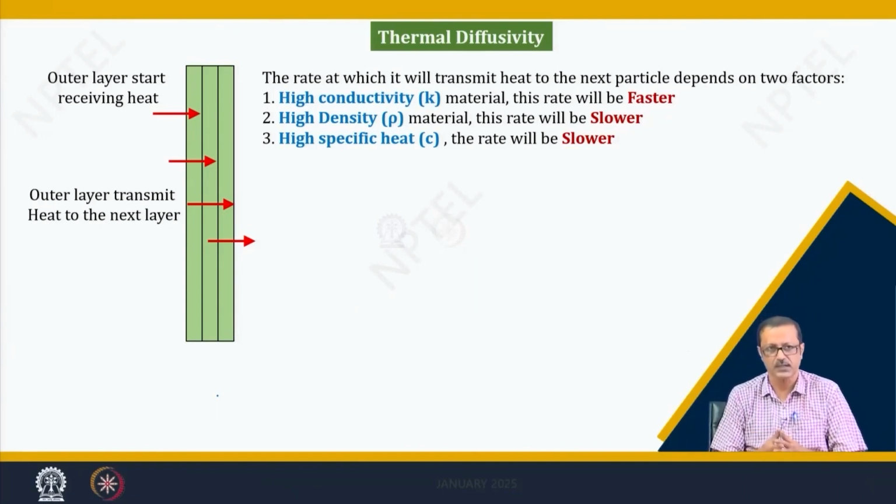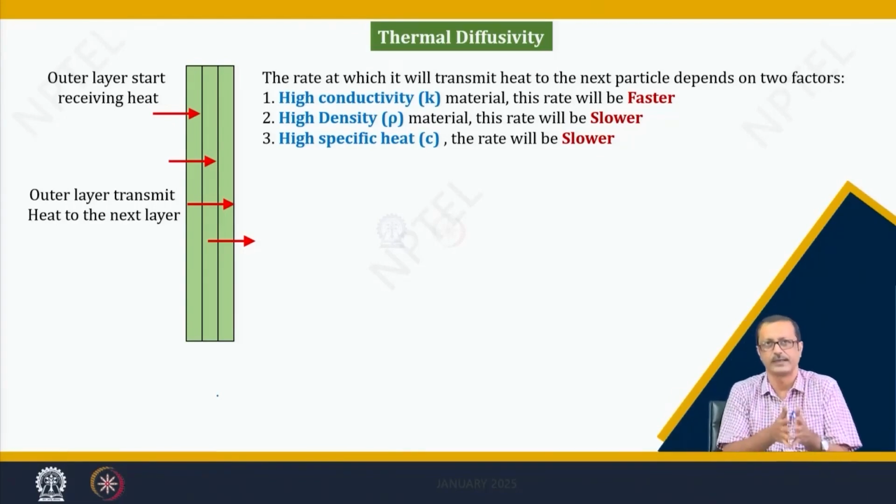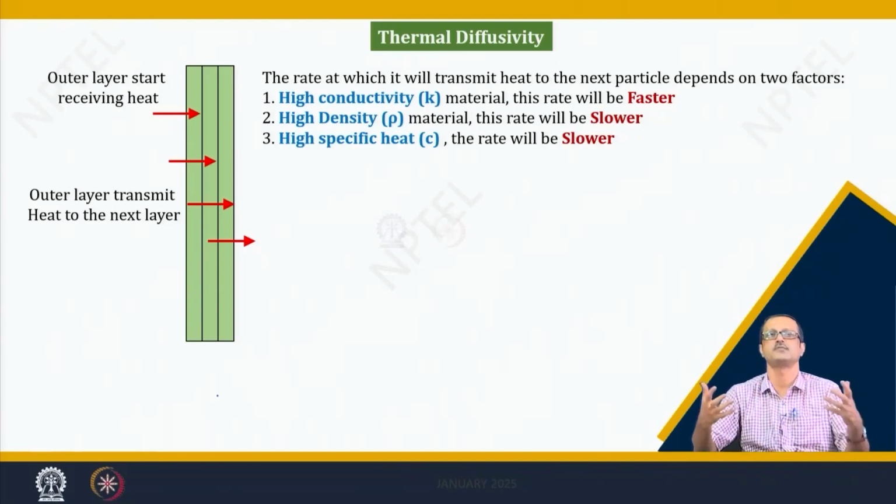So, if the thermal conductivity is high, the rate will be faster, heat will transmit from one layer to the other. If the density is high, it will be slower because the material has more weight, so it can store more energy, more heat. And if the specific heat is high, again it will be slower, because high specific heat means to raise the temperature by 1 degree requires a lot of joules of energy.